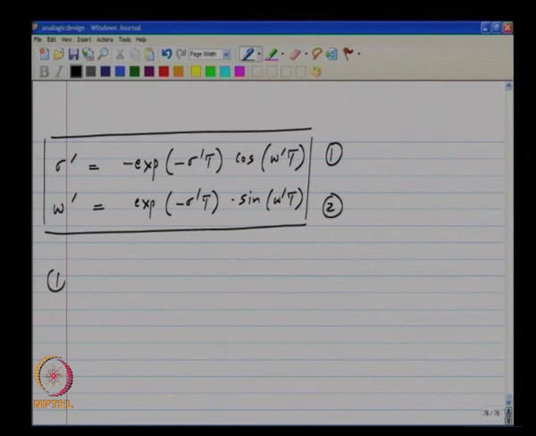First, what I will do is I will take the square of the first and the second equation.